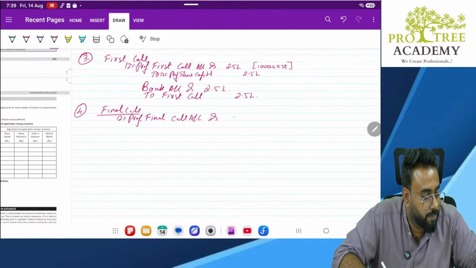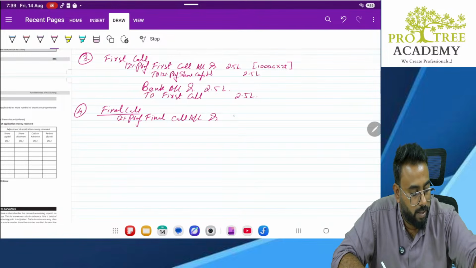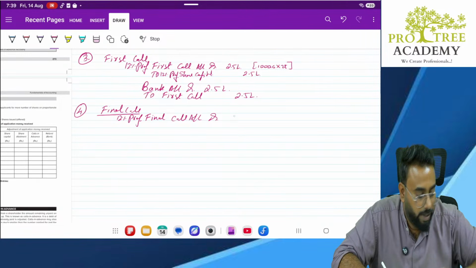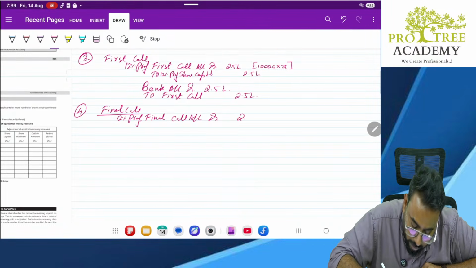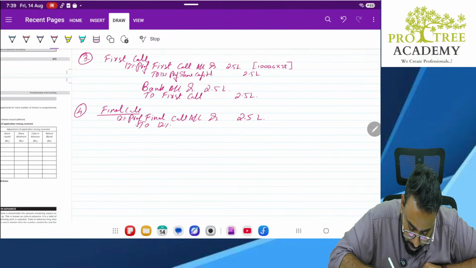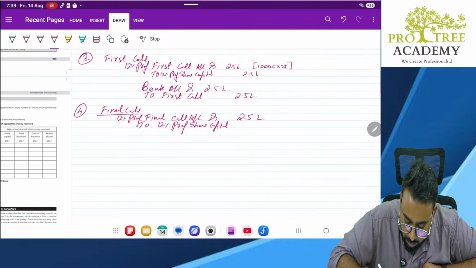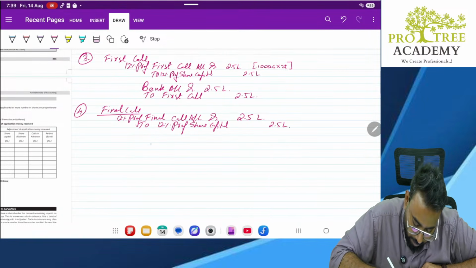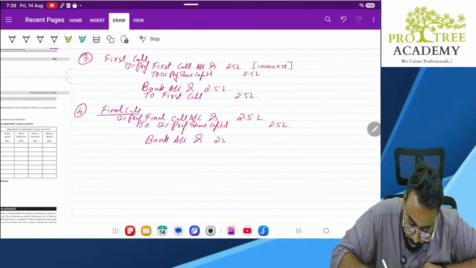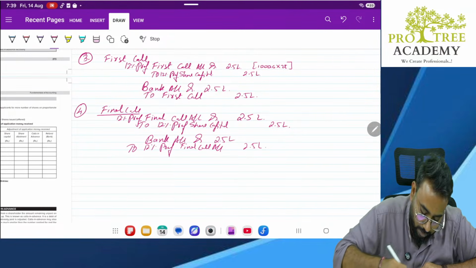How much? 25, again 2.5 lakh, to 12% preference share capital 2.5 lakh. When you receive the money, bank account debit 2.5 lakh to 12% preference shares final call account 2.5 lakh.